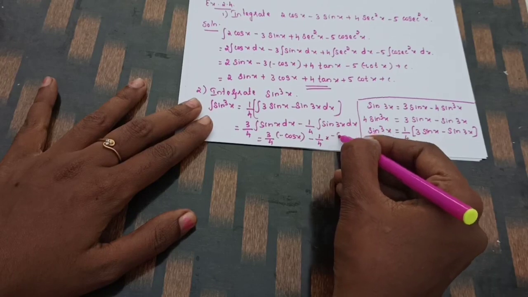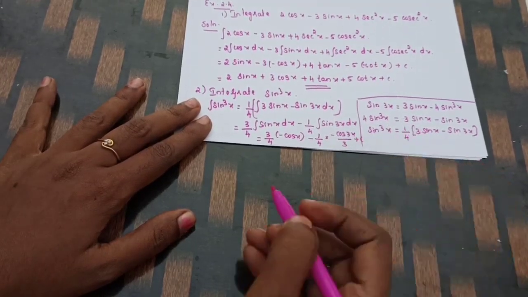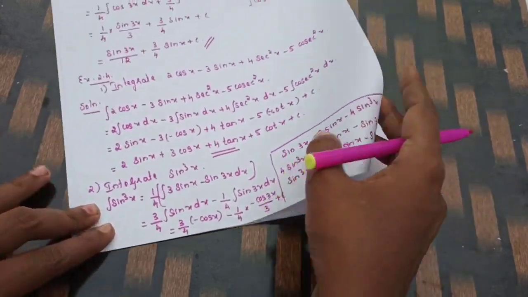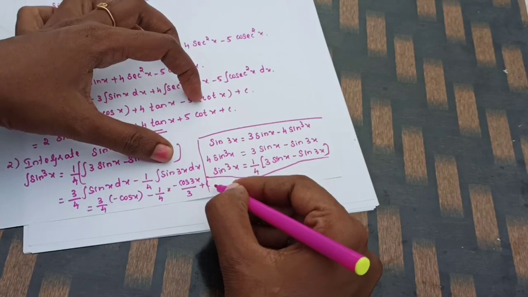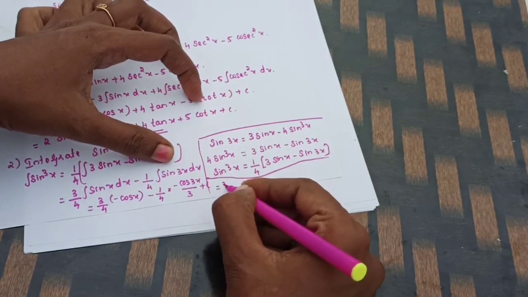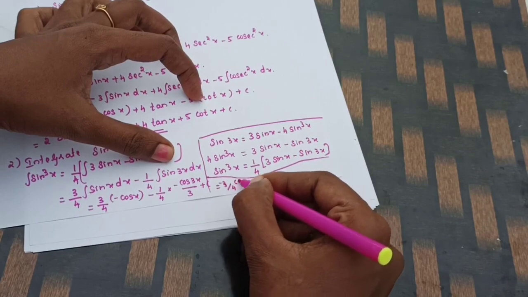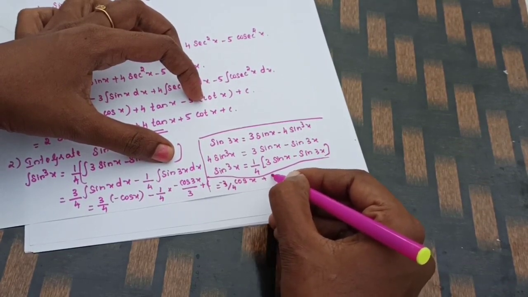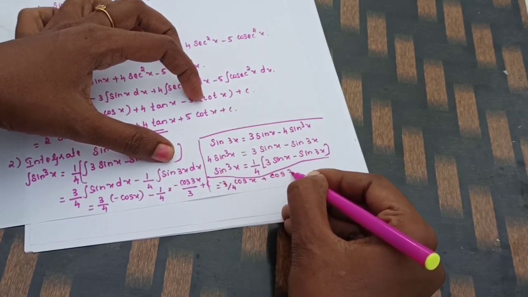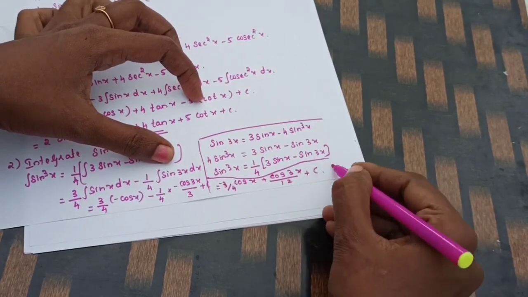That is minus cos 3x divided by 3 plus c. Now multiply inside and write down the answer. I am writing the answer here. So what's the answer? Equal to minus 3 by 4 cos x, minus into minus, plus cos 3x divided by 12. This is the answer.